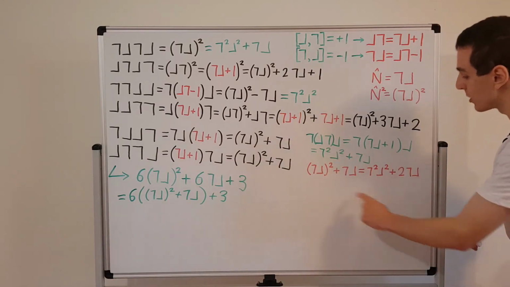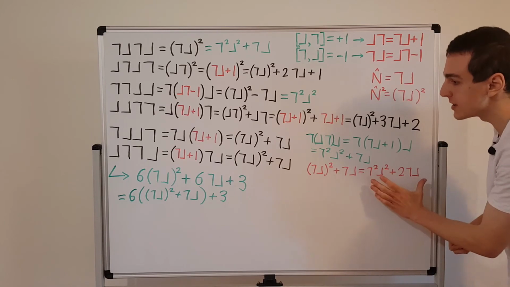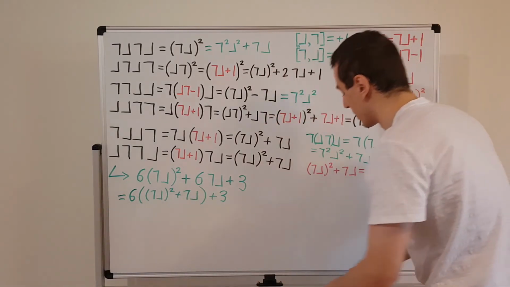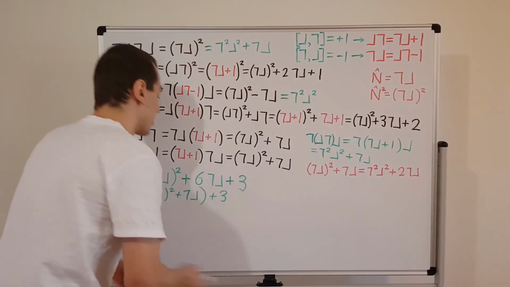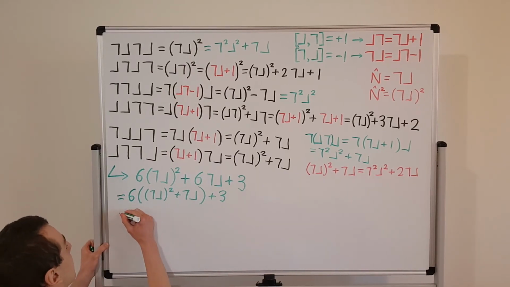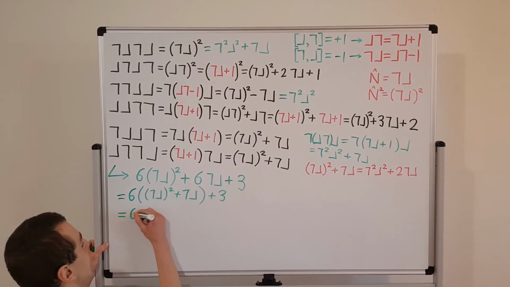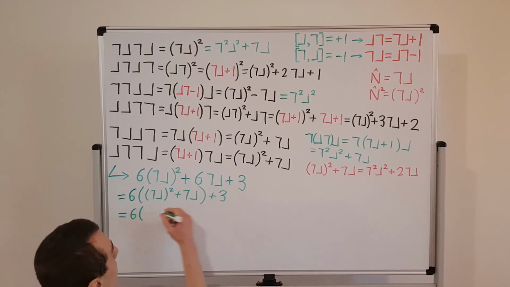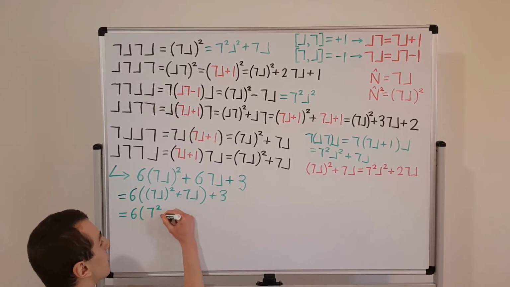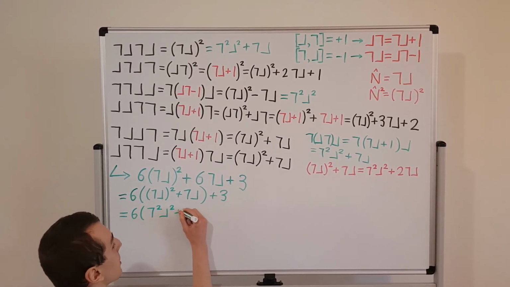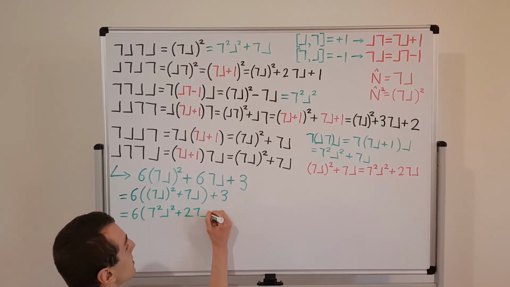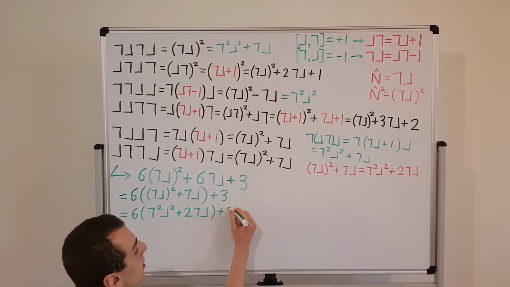Now that we have this relationship, we can substitute this inside this expression over here. So let's do that. This is equal to 6 times raise squared, lower squared, plus 2 copies of raise lower, and then plus 3.